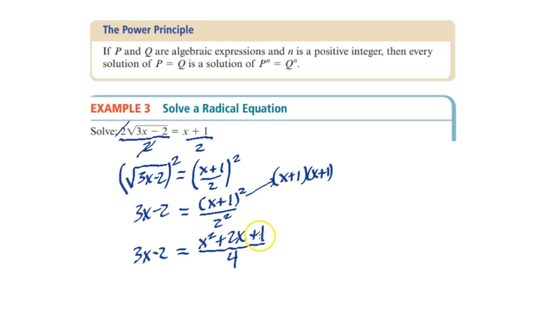Now we can make this a little bit easier on ourselves and multiply both sides of the equation by 4. And that will clear the fraction on the right side of the equation. And we want to distribute the 4, so that would be 12x minus 8 is equal to x squared plus 2x plus 1.